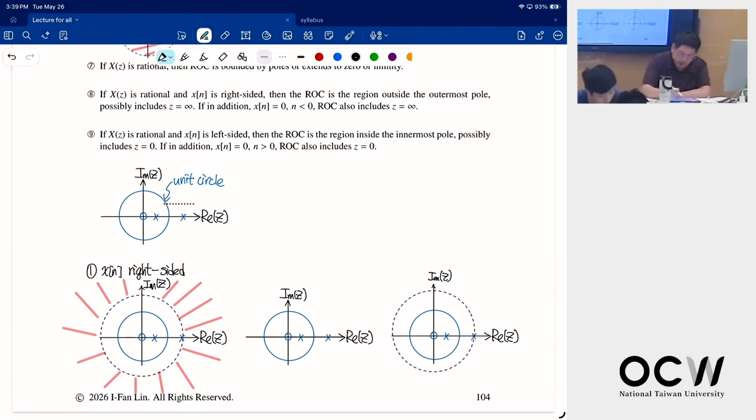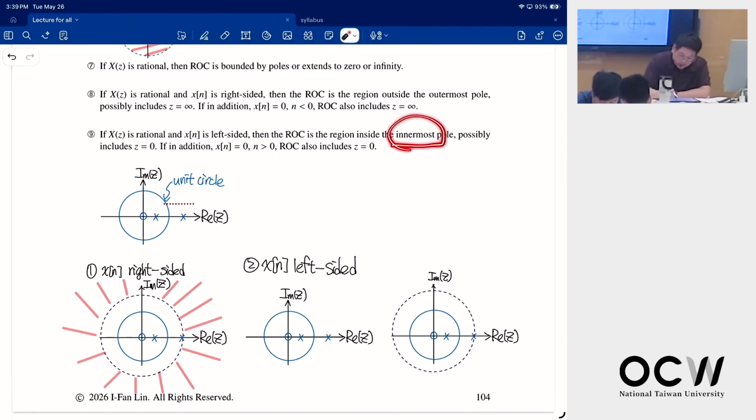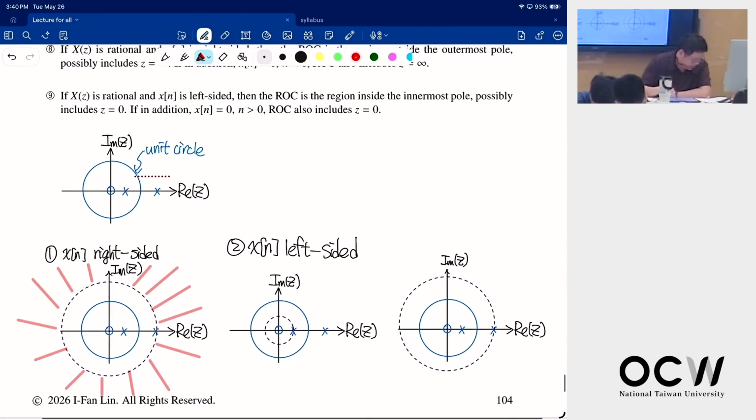If x is left-sided, there will be the innermost pole. Inside the innermost pole. So inside should be here. So in this case, it's inside here.